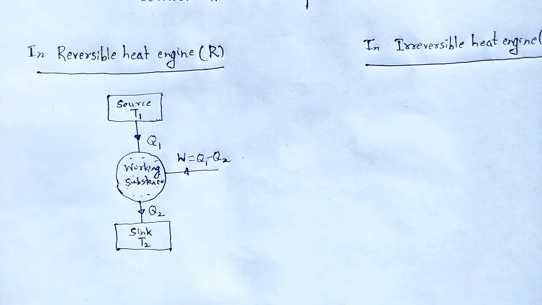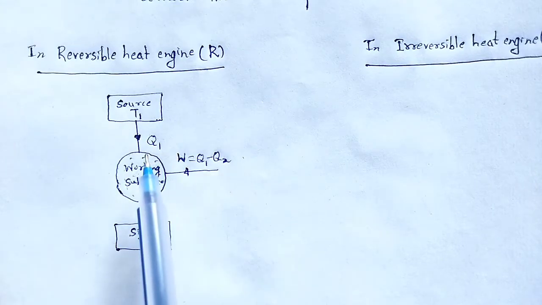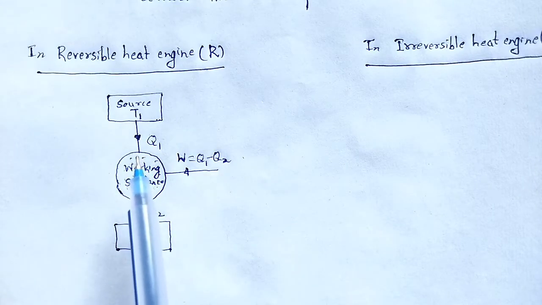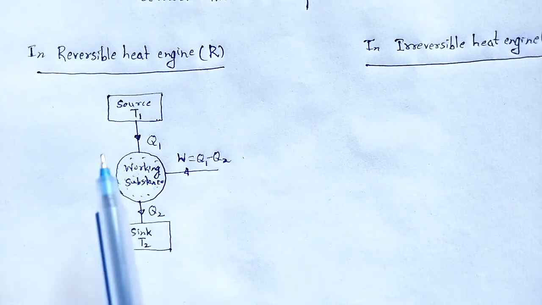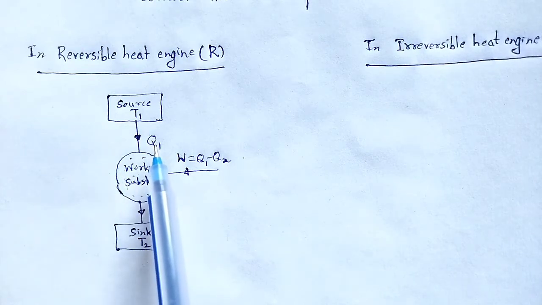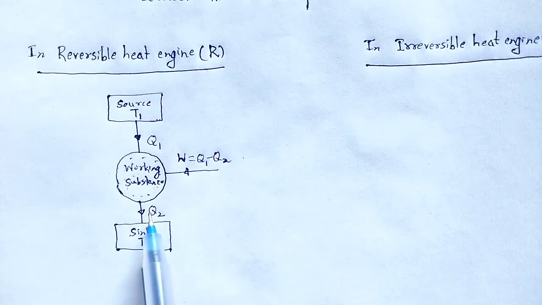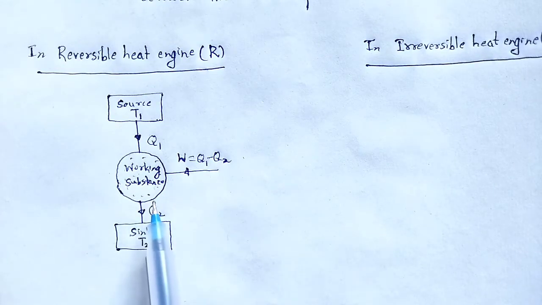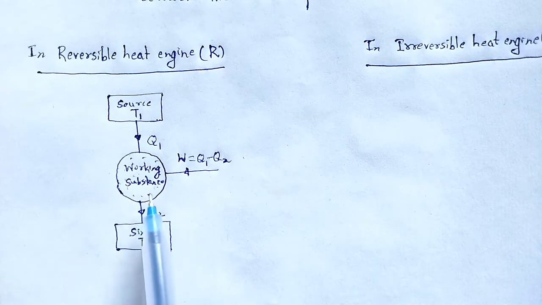Let Q1 be the amount of heat absorbed by the working substance from the source at temperature T1, and Q2 the amount of heat rejected to the sink at temperature T2 by the working substance.